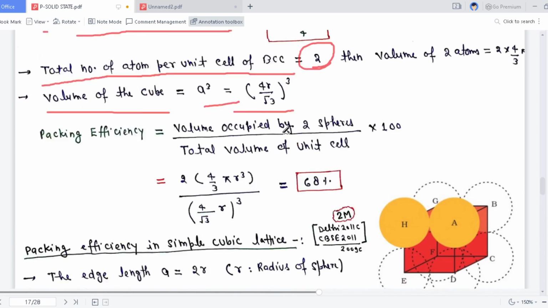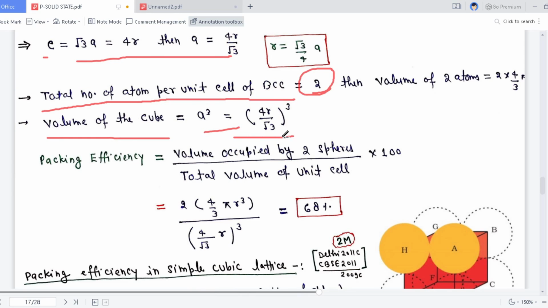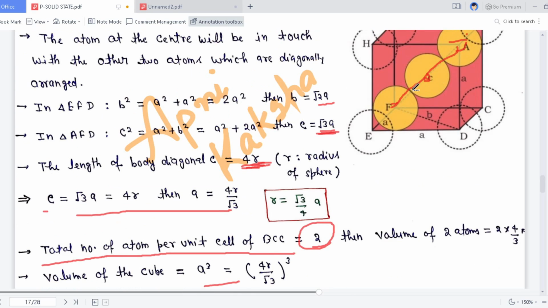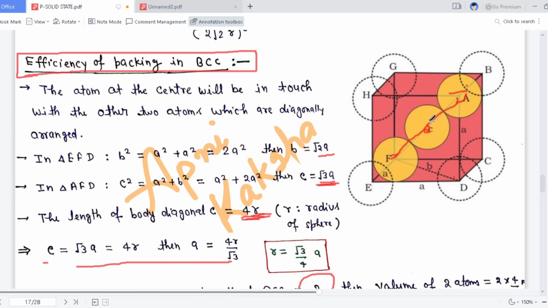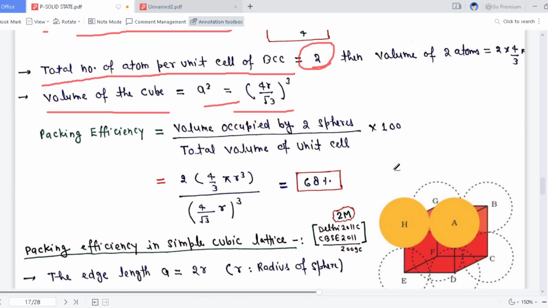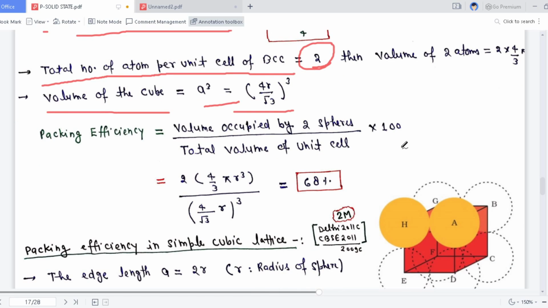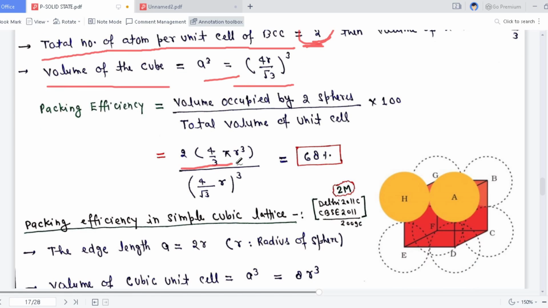Now the packing efficiency. Basically, the volume occupied by the two spheres will be 2 into 4 by 3 pi r cube, since there are 2 spheres per unit cell. So we get 8 by 3 pi r cube over the volume of the cube.